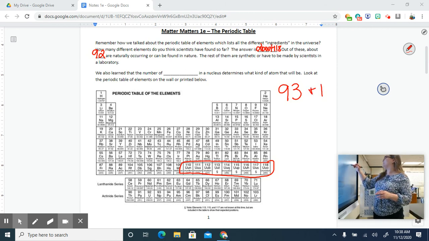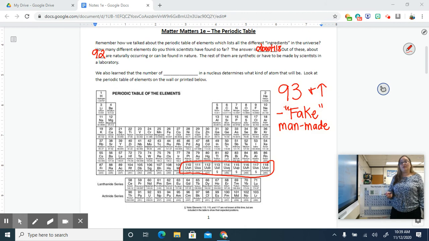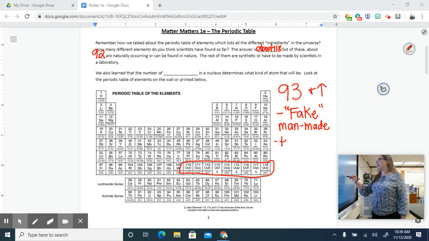So 93 and up, they're fake. What do I mean by that? They have to be man-made. We assume that they do occur naturally, but those processes don't happen on Earth. They are highly unstable. They are radioactive. They decay very quickly.